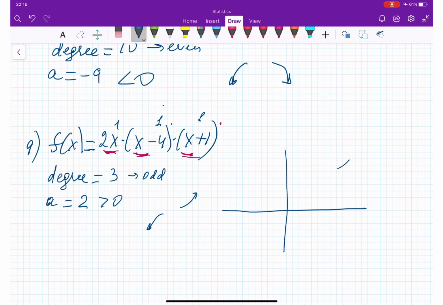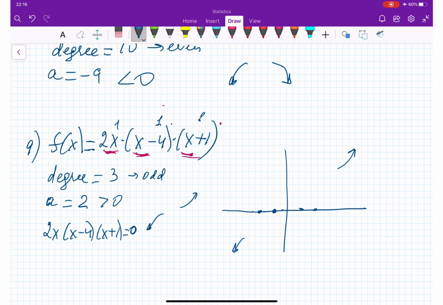So we know one end is coming like this, one end is coming like this. Let's figure out what's going to be in the middle. So what do I have? 2x times x minus 4 times x plus 1. If this is equal to 0, because the point to find where it's crossing x is here, right? Then my y on the x-axis is going to be 0. So I'm assigning it 0 to find out at what point of x it's crossing.